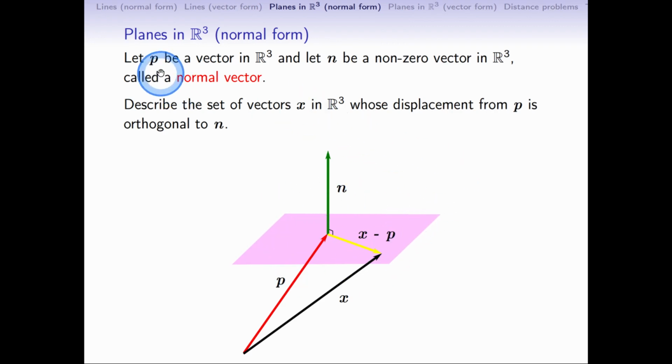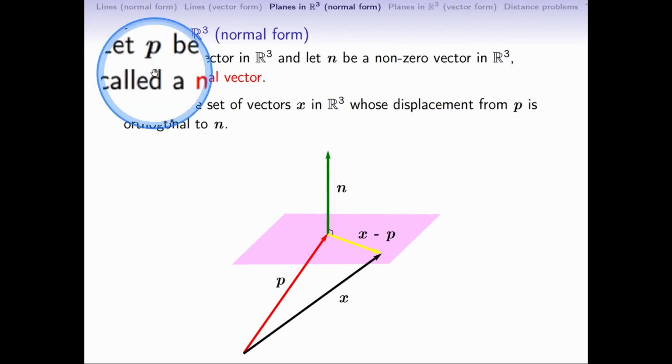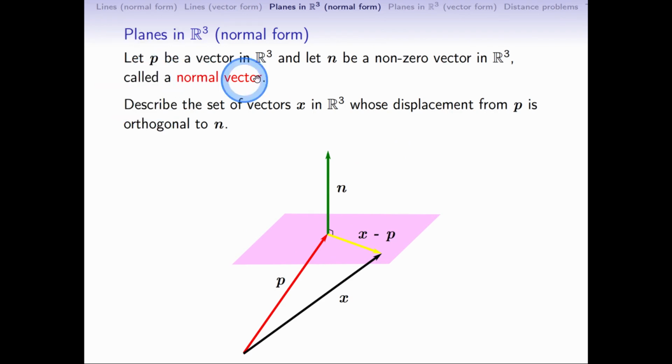So we should think of P as giving us a specific point in the plane, and N as the data for the plane, right? So I have a point, I've got a normal vector, and from that, I can generate all of these pink points using the property that N and X minus P are orthogonal to each other. Now, if we think about what that means mathematically, that means that the dot product of N and X minus P is equal to 0. And so that's what leads us to our next definition.